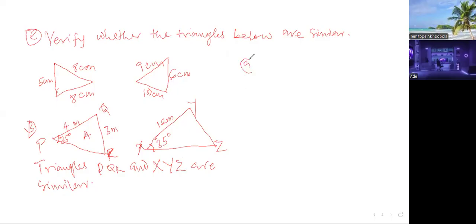So question A now says, find the scale factor that takes you from PQ.